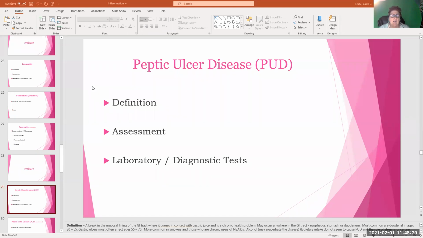The hallmark diagnostic test, if you will, for peptic ulcer disease, usually if it's going to be diagnostic in the GI clinic, they're going to give them a little bit of propofol and do an esophago-gastro-duodenoscopy, just like I told you for GERD.